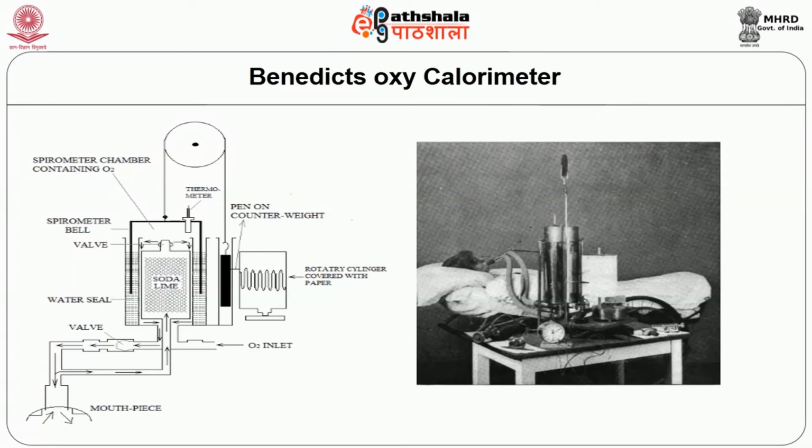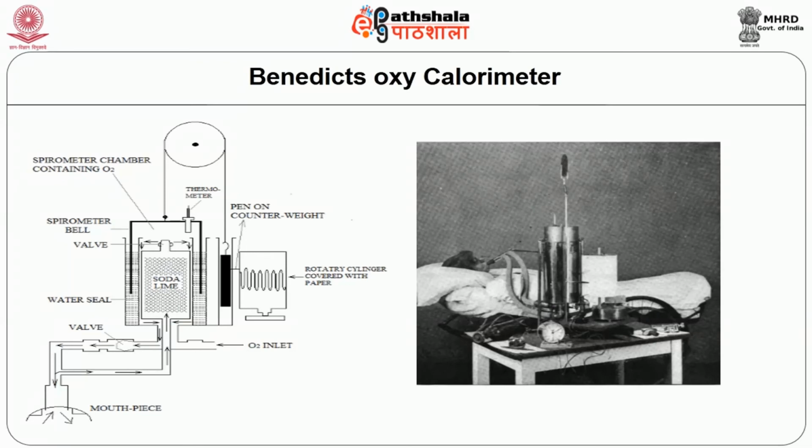This instrument measures the volume of oxygen required to burn a known weight of food. This apparatus consists of a combustion chamber in which a known amount of sample is burned, a soda lime container for absorption of carbon dioxide, a spirometer for measuring oxygen use, and a motor blower unit for circulating the gas mixture.